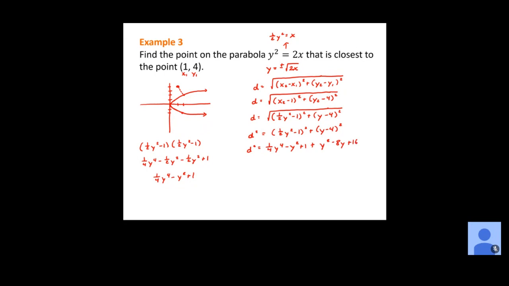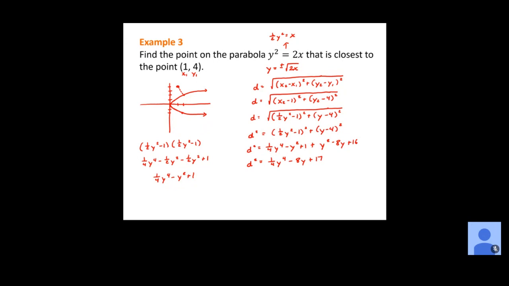Now, go ahead and combine like terms over here. We've got our distance squared. 1/4 y squared doesn't combine with anything, so we'll keep that. Sorry, 1/4 y to the 4th. Now, if we combine our y squared terms, those are going to cancel, right? -y squared and +y squared. Then we're going to have a minus 8y, and then adding together the 1 and the 16 should give us a plus 17.